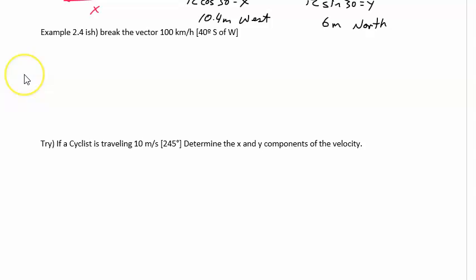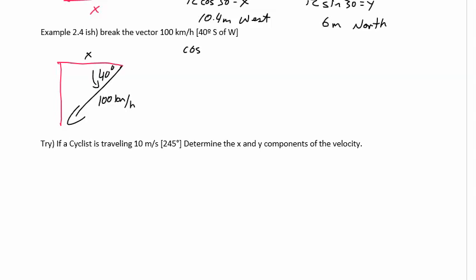Okay, let's try this next one. We're breaking 100 kilometers an hour, 40 degrees south of west. 40 degrees south of west would look something like this. It's 100 kilometers per hour. And again, we're just breaking this into its little x and y components. So that x component is, again, adjacent.